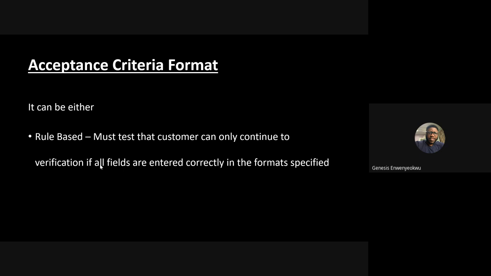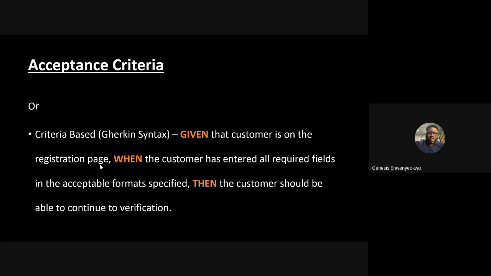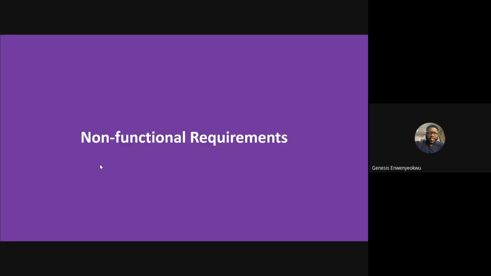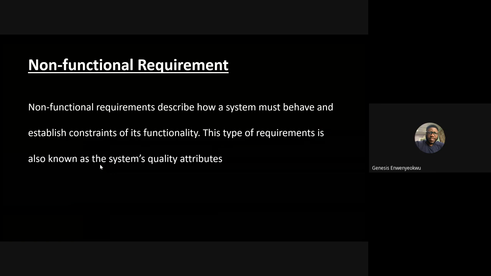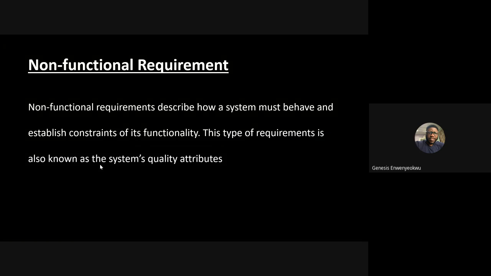No question. Okay. So we go ahead to non-functional requirement, and then I'll come on to Jira to do some practice on user story and acceptance criteria. So non-functional requirement, as the name goes, is about quality of service, non-functional. We're not bothered about functionality here.